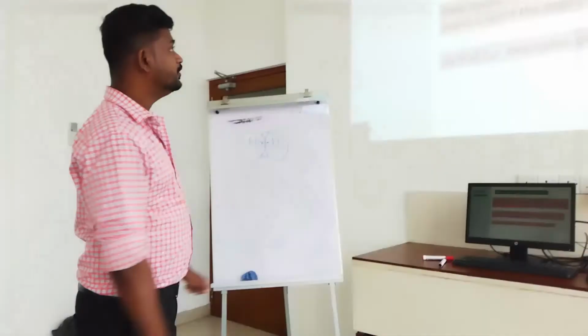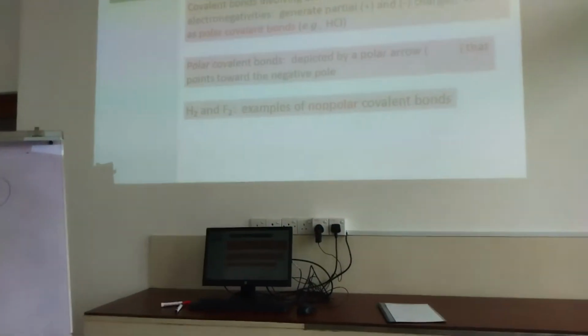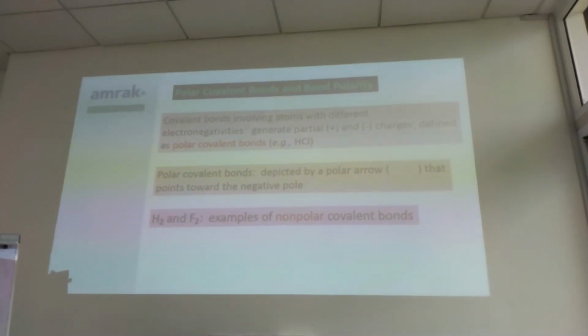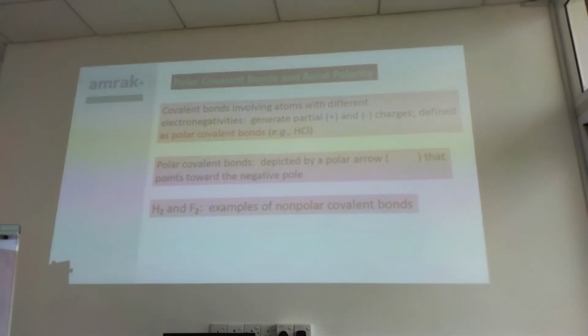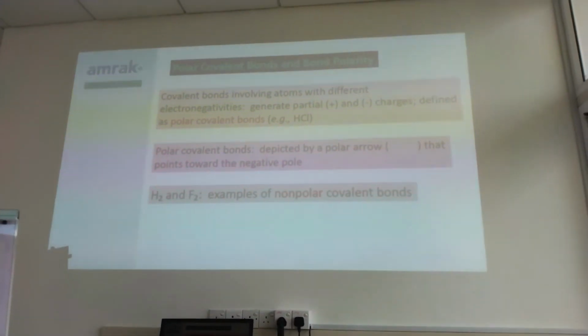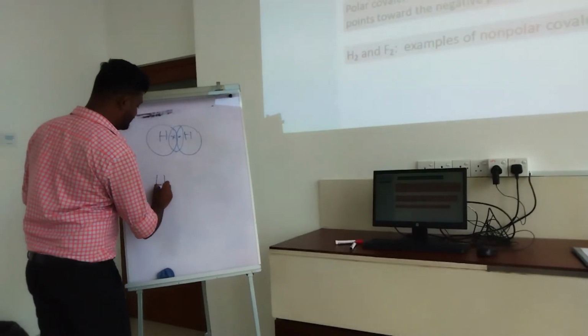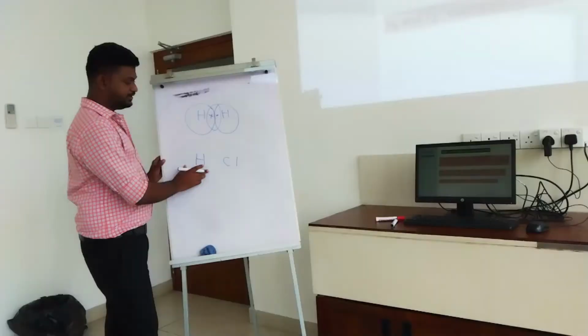Covalent bonds involving atoms with different electronegativities generate partial positive and partial negative charges, and are defined as polar covalent bonds. If you take chlorine and hydrogen, they have different electronegativity.